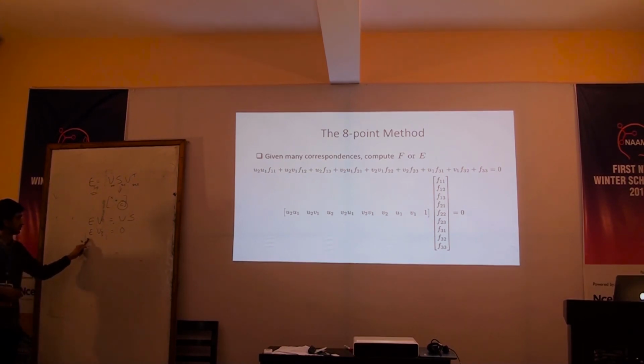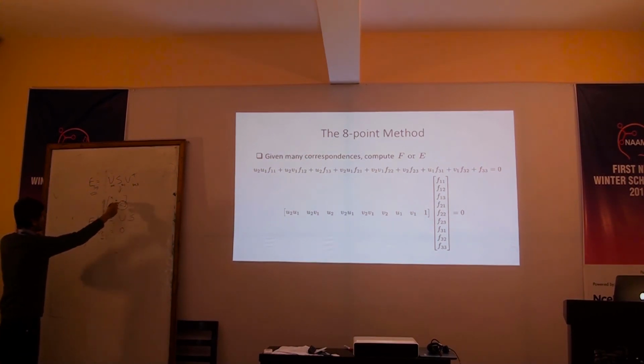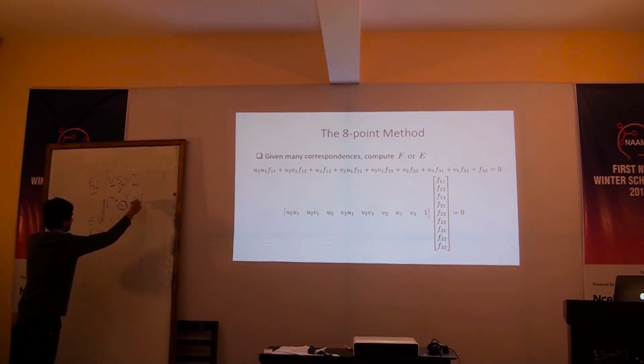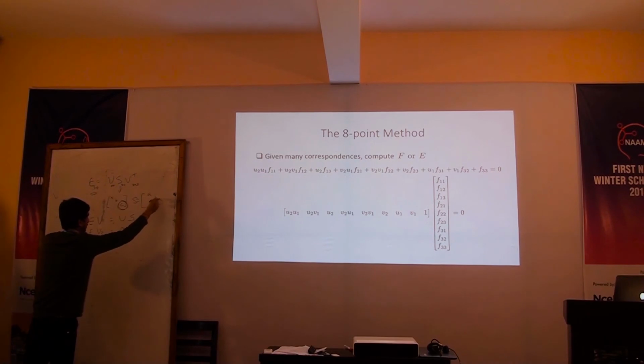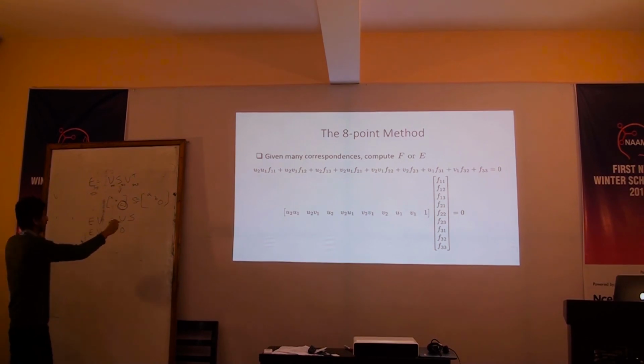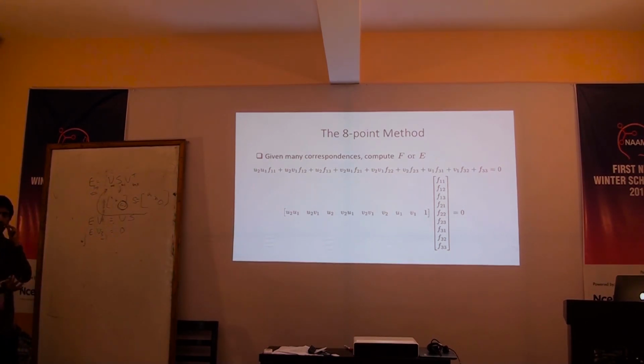So once you make sure that c is 0, you directly enforce S to be rank 2, and then you recompute E using the same equation, U S V transpose. And then you get a new E, which is rank 2. You should do this before you decompose the essential matrix into rotation and translation.